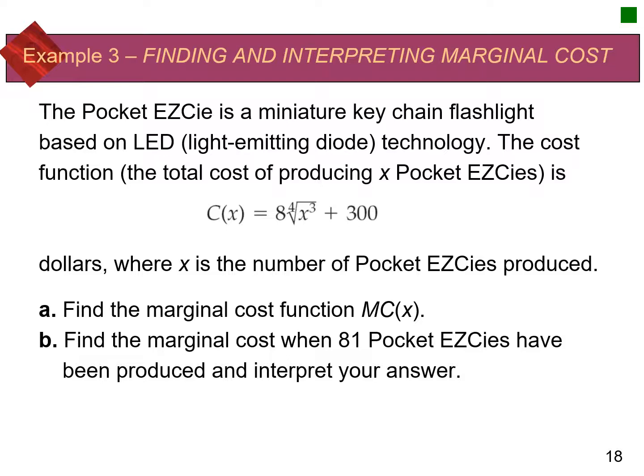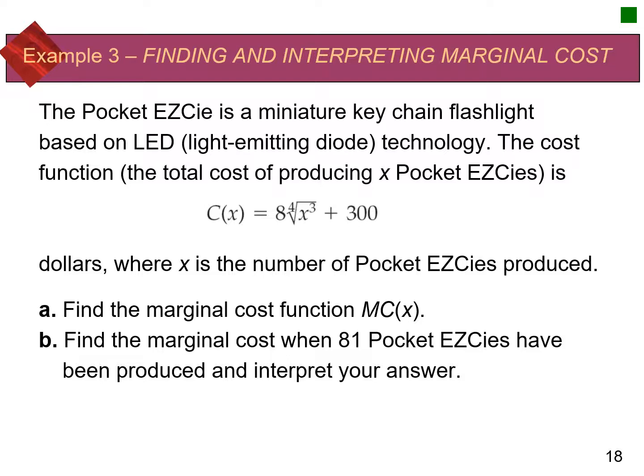So this example here, example 3, finding and interpreting a marginal cost. The Pocket EZCIE is a miniature keychain flashlight based on LCD technology. The cost function is given below there. So 8 times the 4th root of x to the 3rd power plus $300, where x is the number of EZCIEs produced.